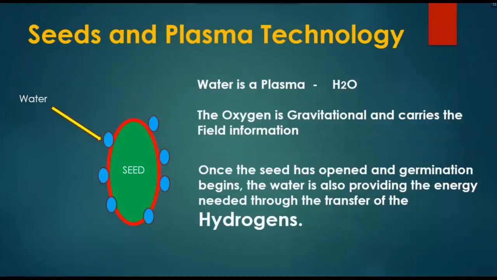And so when you look at the water, as we said, the oxygen is gravitational and carries this field information, which also explains another point that we've seen in our gardens. Especially when you cultivate wild gardens and you allow your plants to go to seed, you know that in that garden there are huge amounts of seed that have gone to the ground, and we will have rain, but that rain does not seem to activate those seeds.